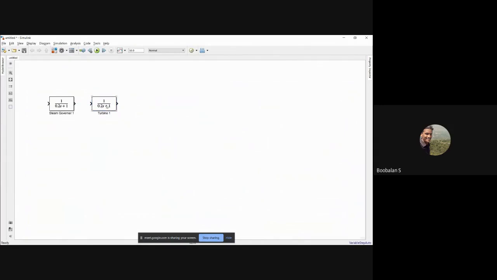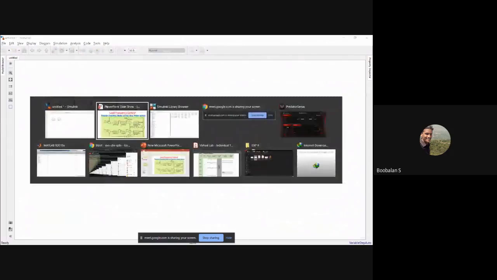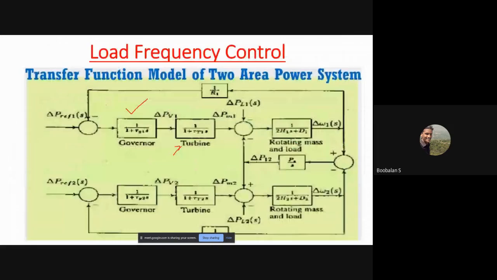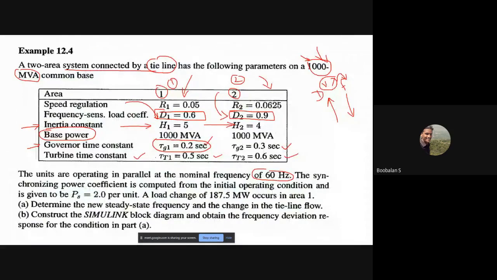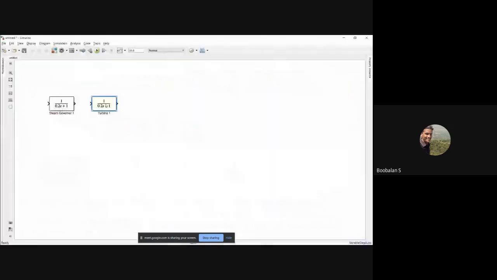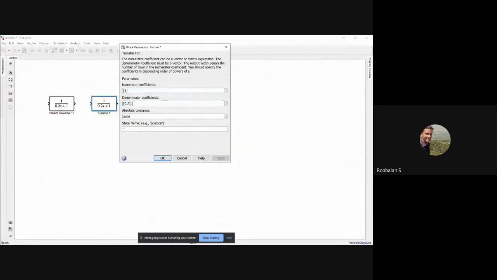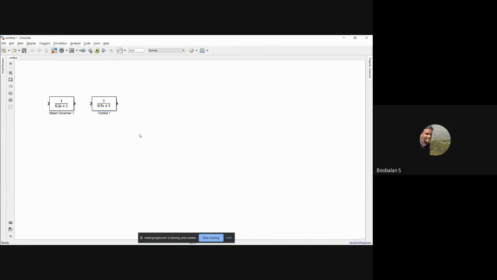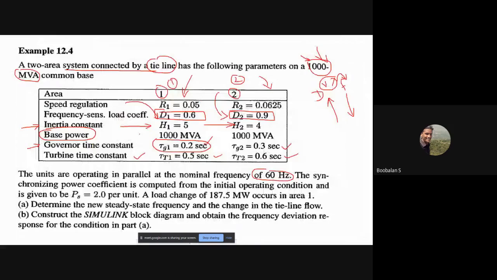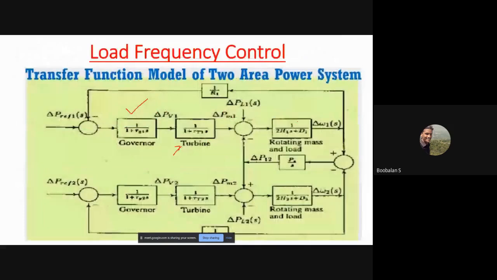First of all, we're just going to make an overall arrangement, and then we'll start discussing, right? And now the turbine constant is 0.5 for area one. Just double click on it, 0.5 for turbine one. Then with 0.5 we finish that, and then we have the rotating mass and the load, right?